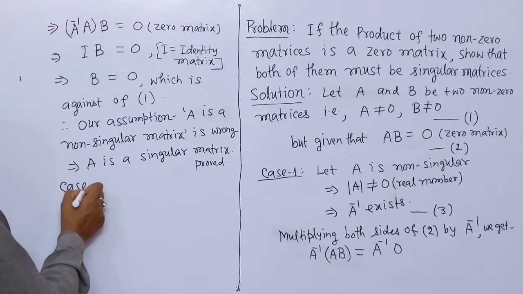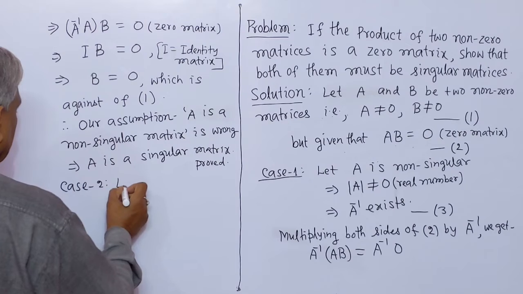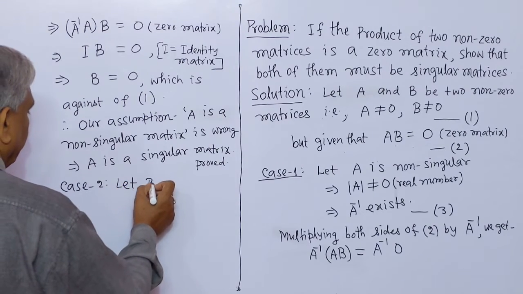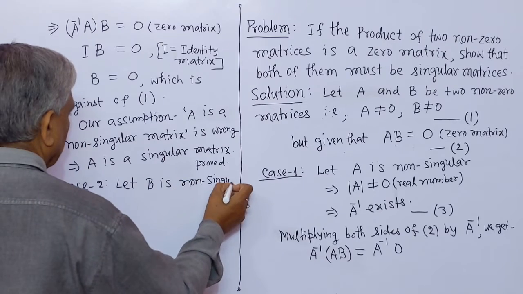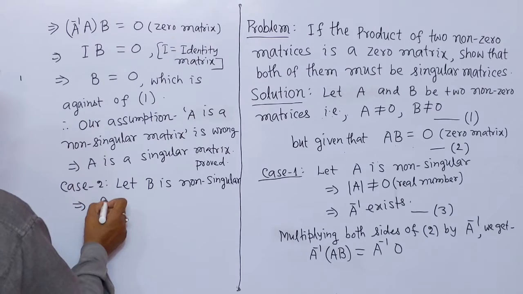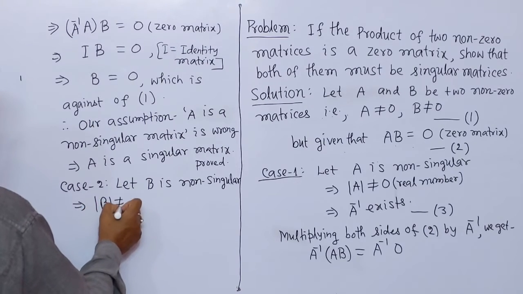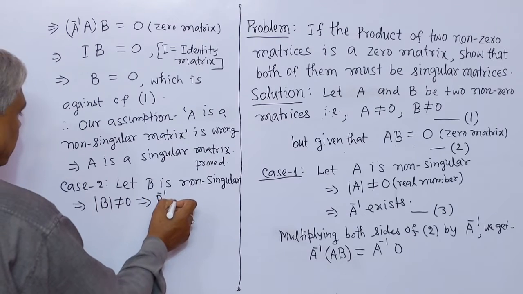Case 2. Let B be non-singular, which implies that determinant of B not equal to 0, which implies that B inverse exists.